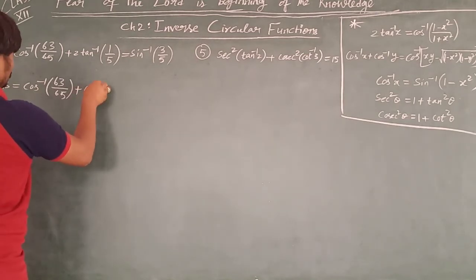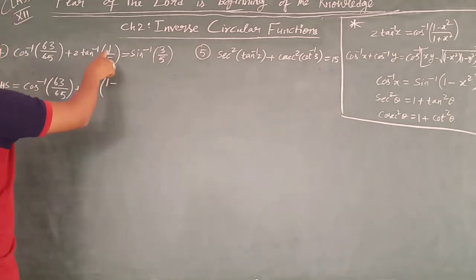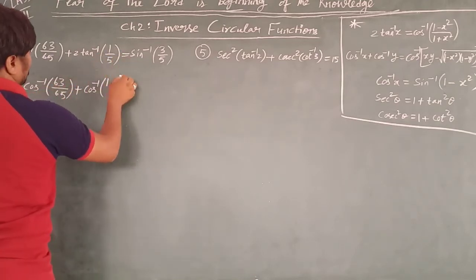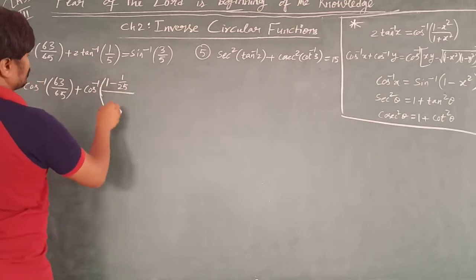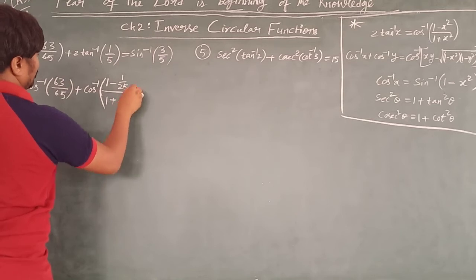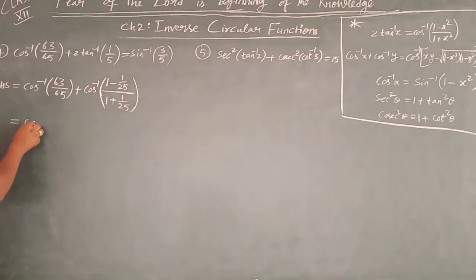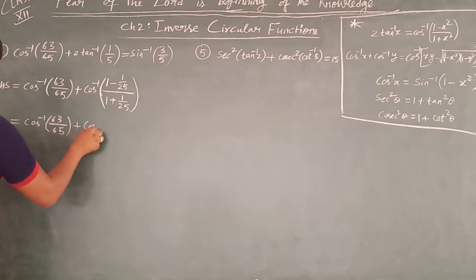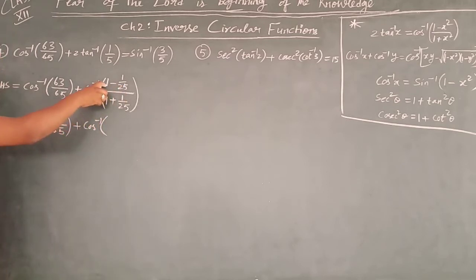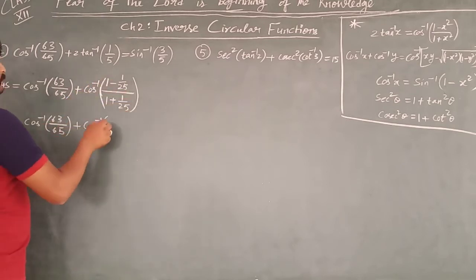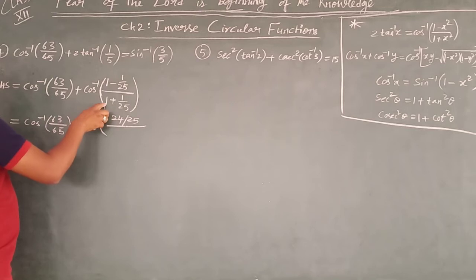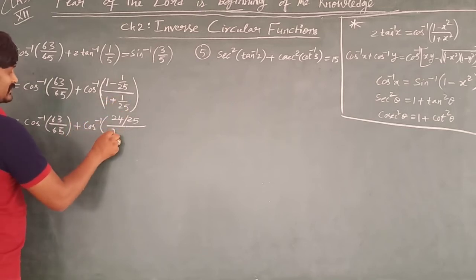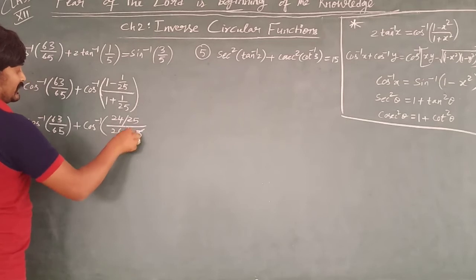So right here, cos inverse 1 minus x square. So 1 upon 5 whole square, that means 1 upon 25. Next, 1 plus x square, that is 1 plus 1 upon 25. So now what I will do here is again cos inverse 63 upon 65 plus cos inverse, when you do subtraction, 25 minus 1, 24 upon 25, and here again 25 plus 1, 26 upon 25.